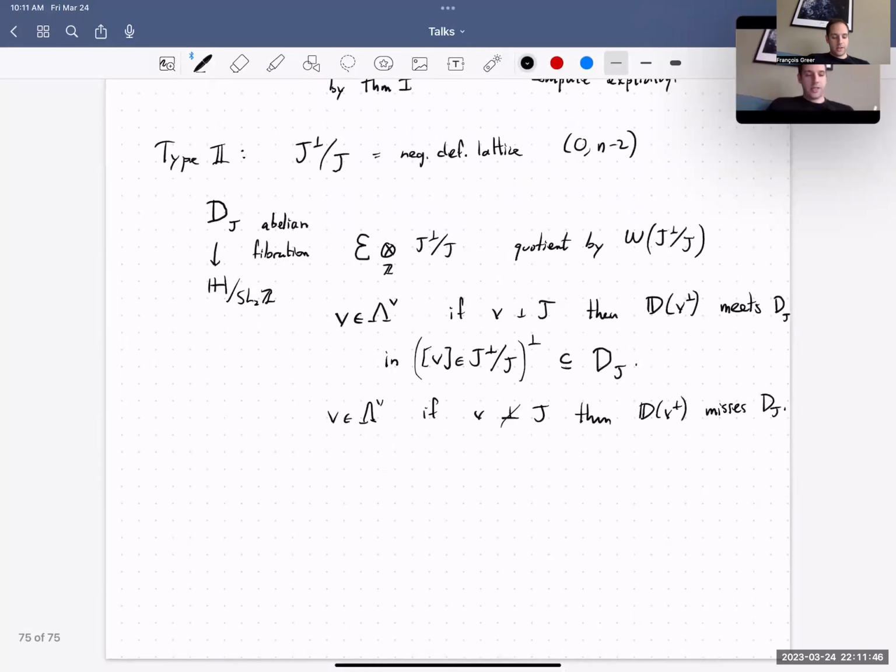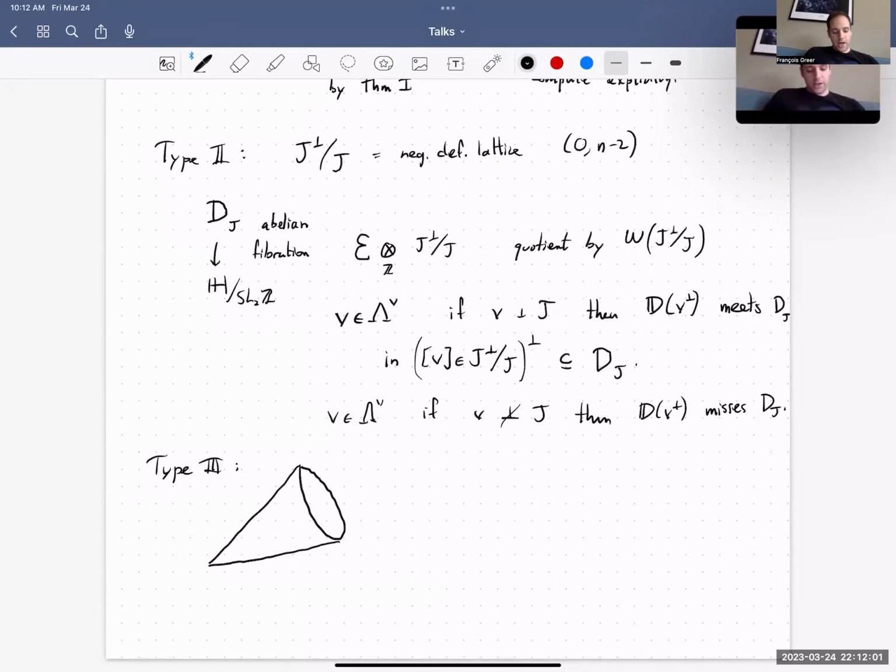The type 3 boundary is a little bit more complicated. So how to describe the type 3 boundary? The picture is, for each of these isotropic lines I, I have I perp mod I, which is now a hyperbolic lattice, so the signature is 1, n minus 1.